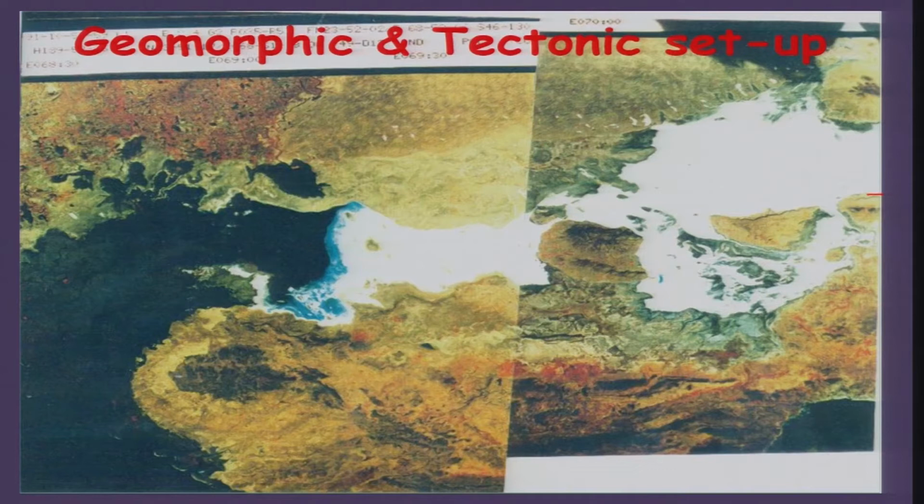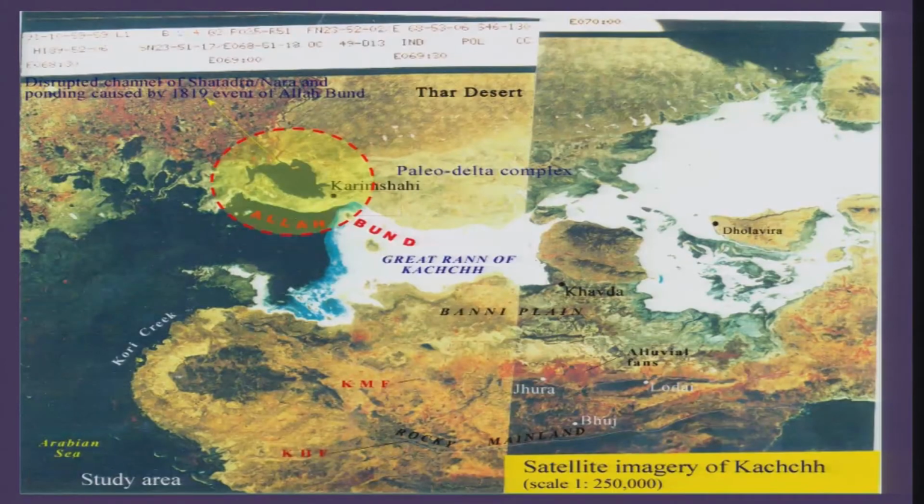So based on the tonal variation, we can identify different landforms. If you look at this portion in the field, this is what we have marked as a lake which was formed because of the disruption of the Nara river, which got ponded due to the 1819 earthquake.